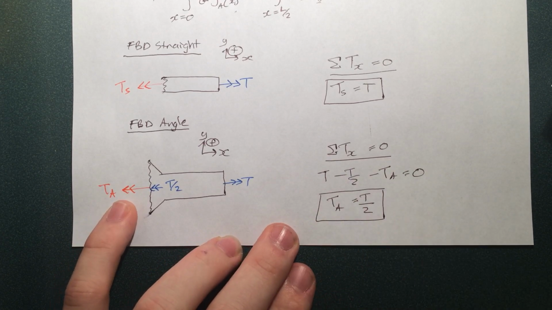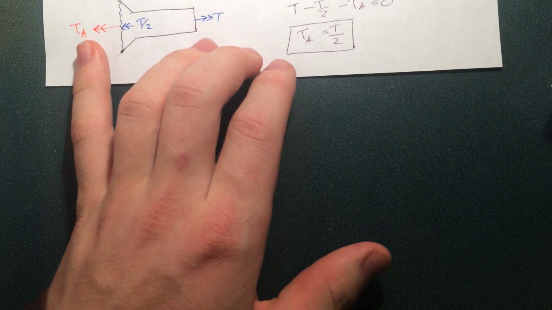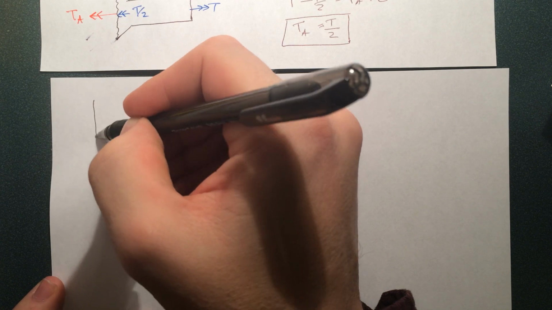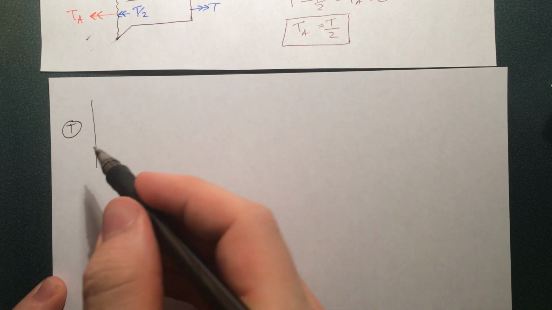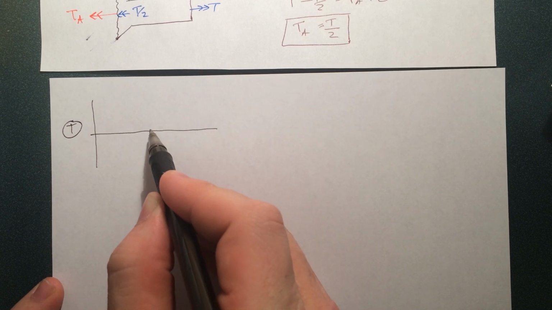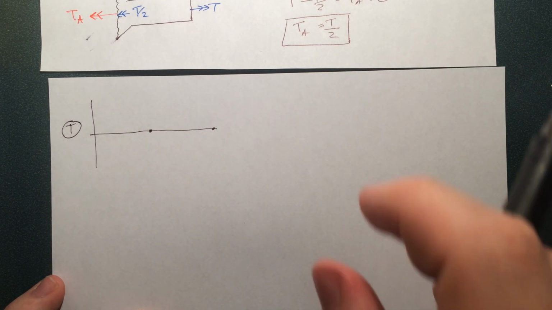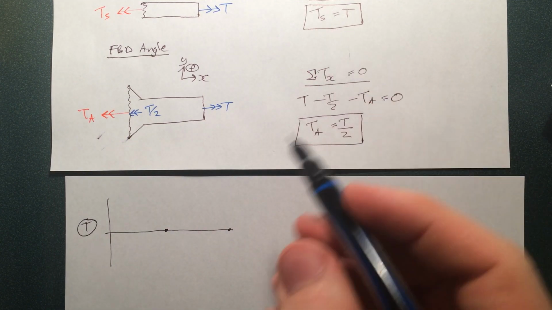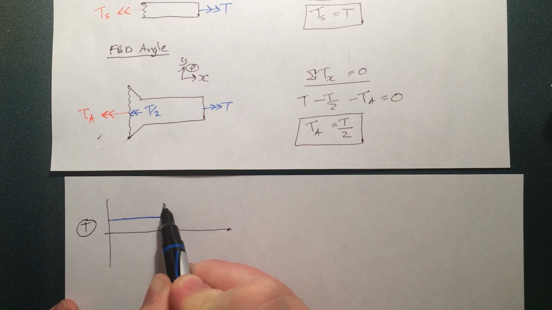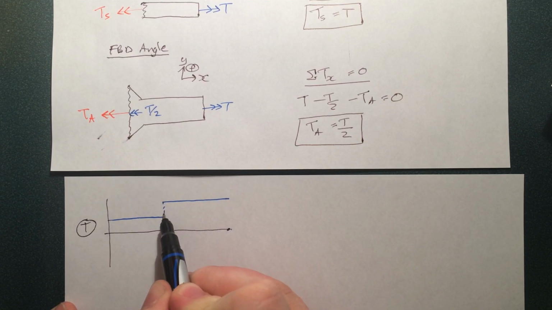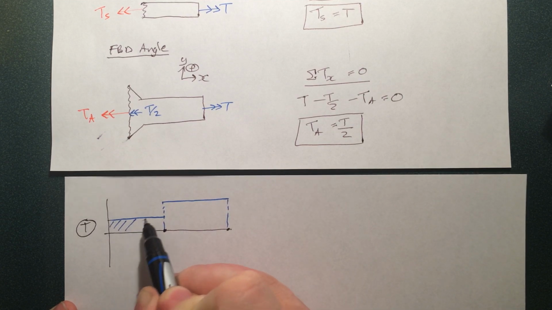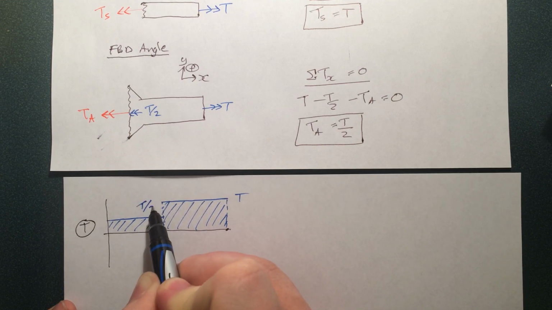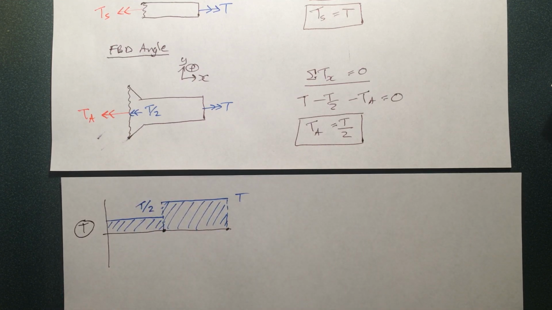That's relatively straightforward. So if we wanted to move into plotting this like I was asking at the very beginning, it's pretty straightforward. T in the angled is T by 2, and T in the solid is T. Just like that.